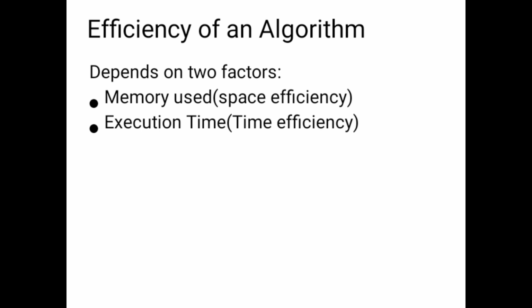The space complexity is the measure of the minimum amount of memory which is essential to run the program completely and efficiently. And time complexity is the time taken by a program to execute completely.